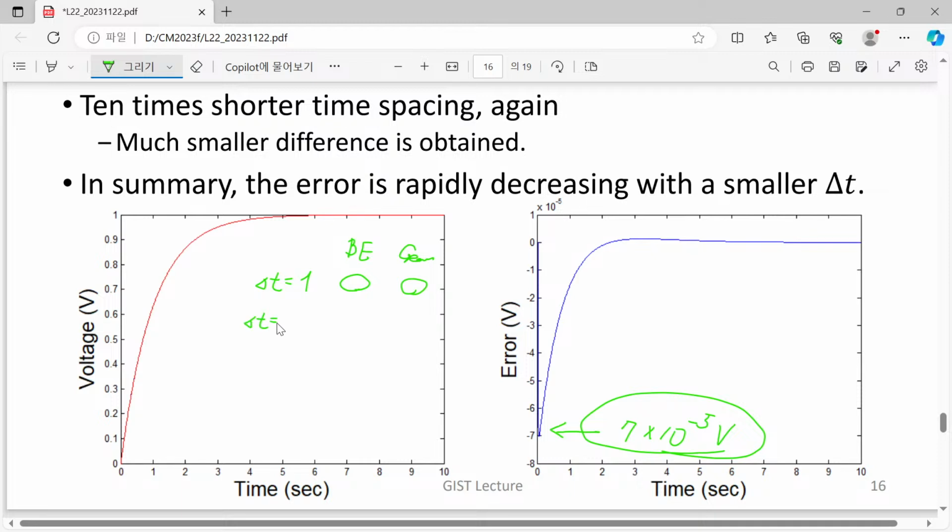With delta t equal to 0.1, we now have 18 millivolt and 5 millivolt. Then when it goes to 0.01, it is linearly decreasing, like 1.8 millivolt, but now this one becomes just 70 microvolt.